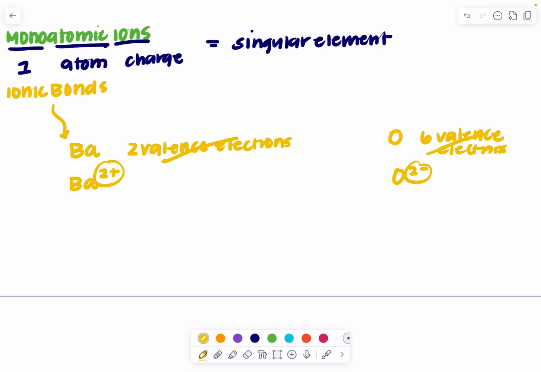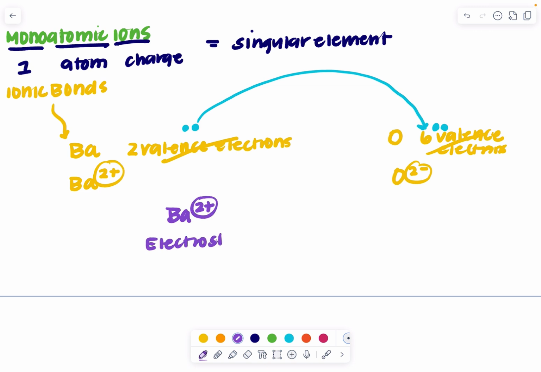And we should know how to do this. It should make sense now that the 2 valence electrons from barium are actually going to be donated or transferred to oxygen, since they need that. One element needs to get rid of the electrons, one element needs to gain electrons, so it just makes sense in this way. But why I'm saying this is because when we have a charge, we have a form of electrostatic attraction.